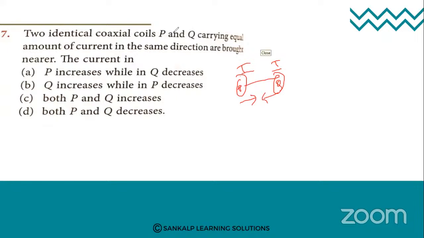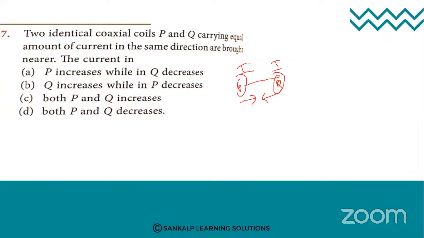Option D. Yes, very good everyone. So option D is the right answer. That is, it decreases in both. So option D is right.